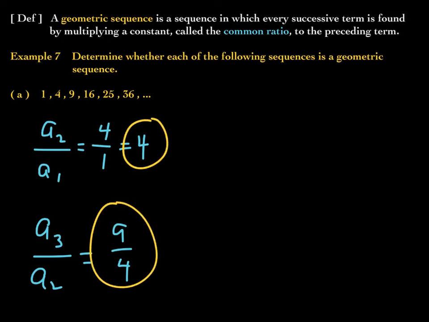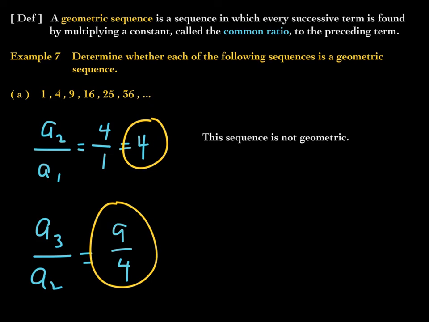So we can conclude right now, there's no need to keep going, that this sequence is not geometric. It is an interesting sequence nevertheless. Do you notice that it is a list of your perfect squares? 1 squared, 2 squared, 3 squared, 4 squared, 5 squared, 6 squared, etc. So it's a cool sequence, but it's not geometric.